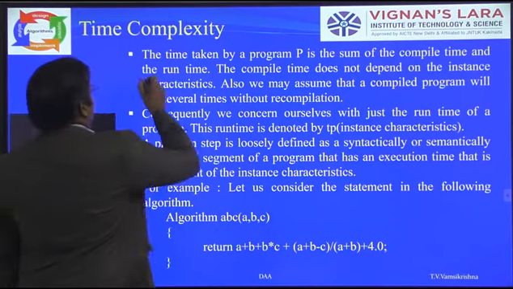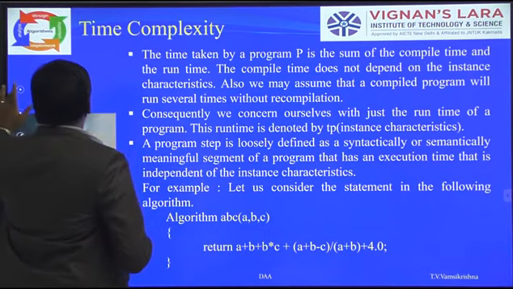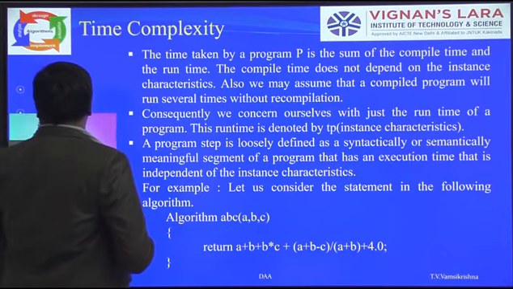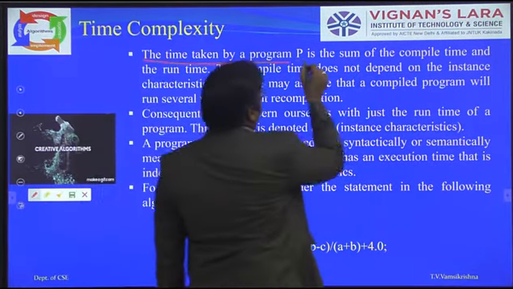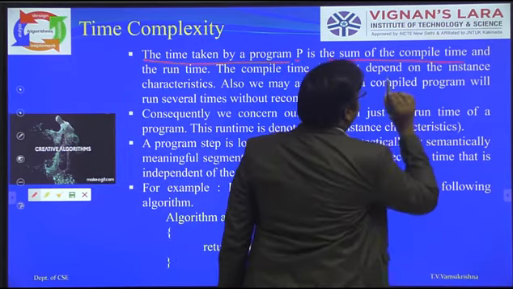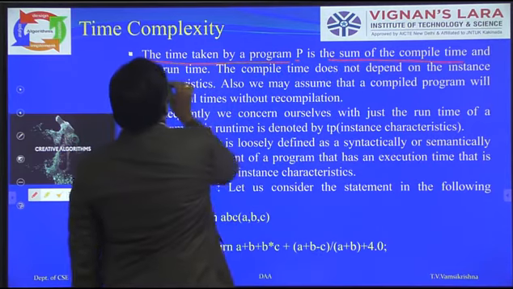So first, the time taken. The time taken by a program P is the sum of compile time and run time.